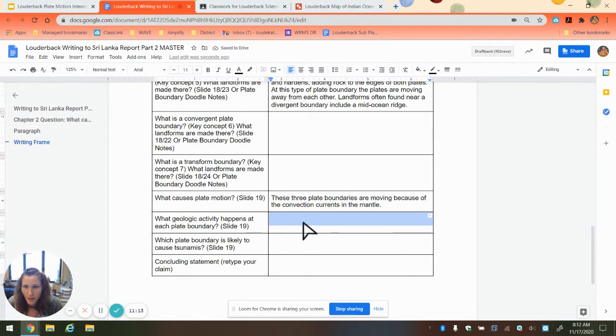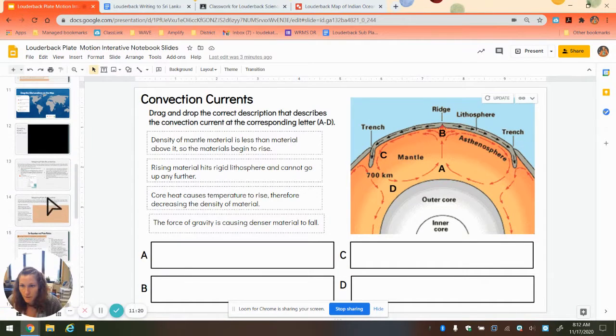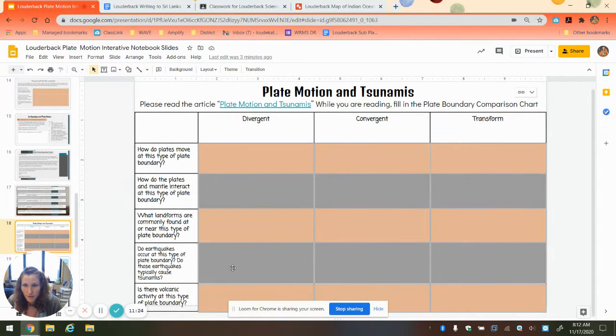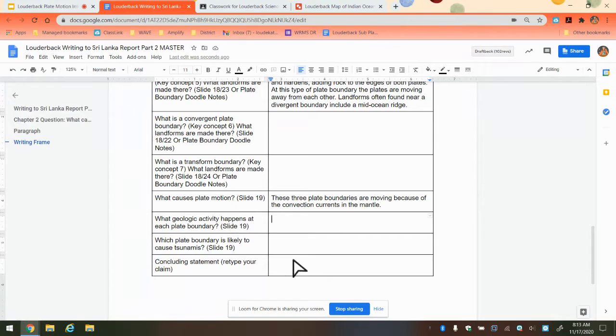What geologic activity happens at each plate boundary? Okay. So that again is reviewing slide 18. So we're looking at earthquakes and volcanic activity. And what we'll find is earthquakes happen at each of those locations. That's what you should see here. We've discussed it often in class and written about it and read about it.